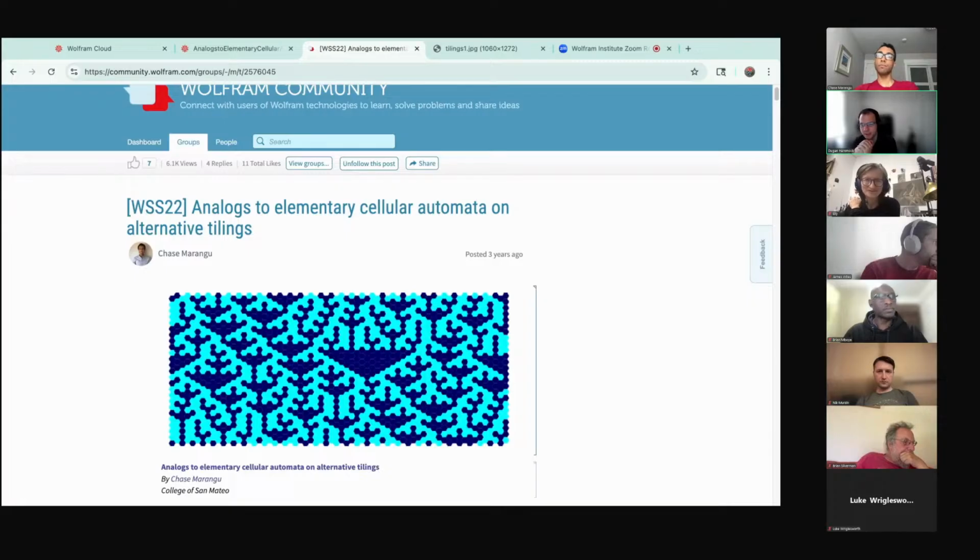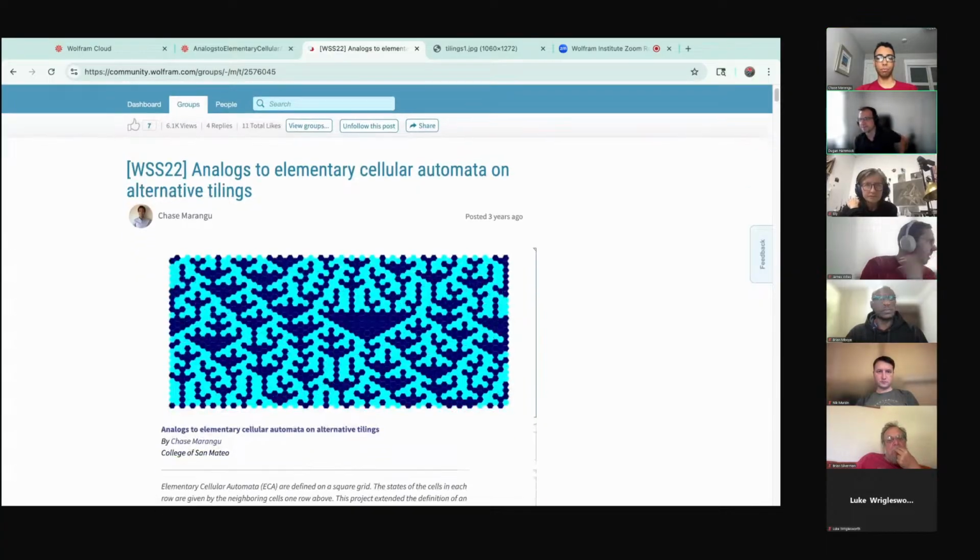This is where each hexagon is adjacent to three above it. Exactly, that's how that one's defined. So you're implementing rule 30 on a hex grid. This is rule 90, but it behaves similarly to rule 30 on the square grid.